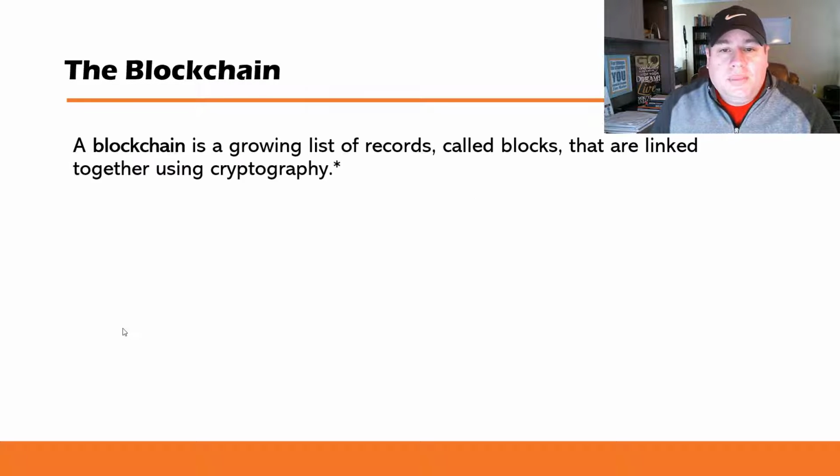So a blockchain is a growing list of records called blocks that are linked together using cryptography. Okay, so it's going to get a little techie here, and I fully don't understand it myself. Okay, but these are just, again, some of the basics to have a basic understanding of this technology. So each block contains a cryptographic hash of the previous block, a timestamp, and transaction data.